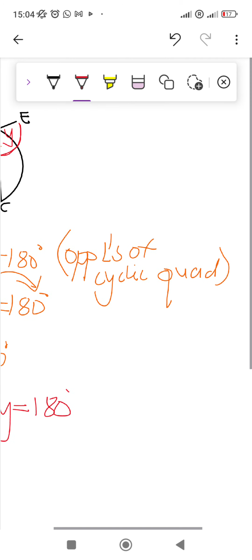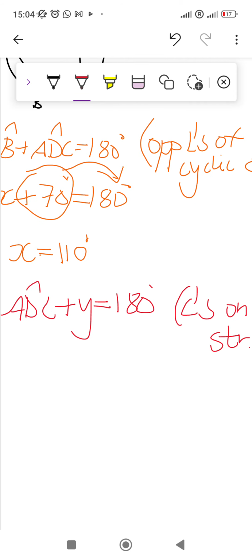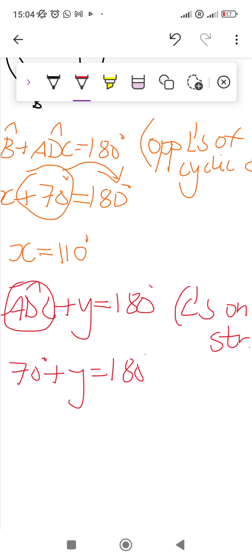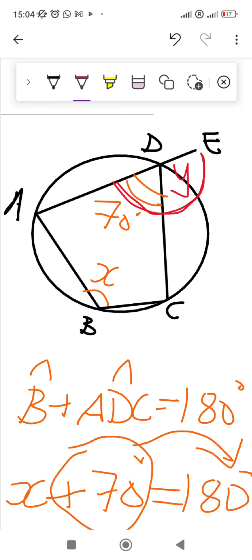The reason for that: angles on a straight line. Right, great. And then if you have to solve this, we know that that was 70. So 70 plus Y equals 180 degrees. Get rid of the 70, so we're subtracting 70 on both sides, so Y is going to equal 110 degrees, right?